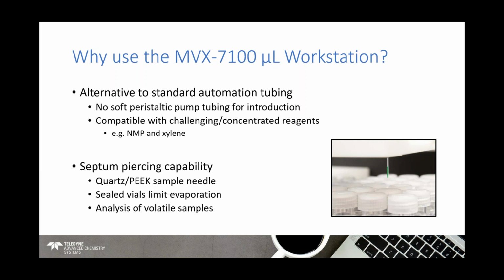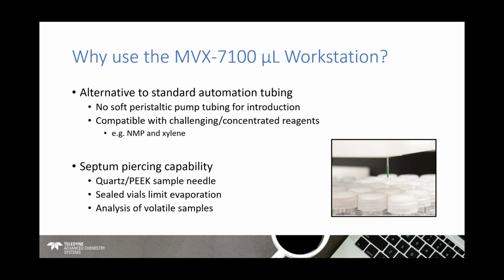Therefore, the system is compatible with certain sample matrices and more challenging reagents that typically cause a problem for peristaltic pump tubing, for example concentrated organic solvents, say something like xylene, or the NMP solvent, which is typically used in the semiconductor industry. So you can use the MVX 7100 for batch analysis without having to dilute those organic solvents.